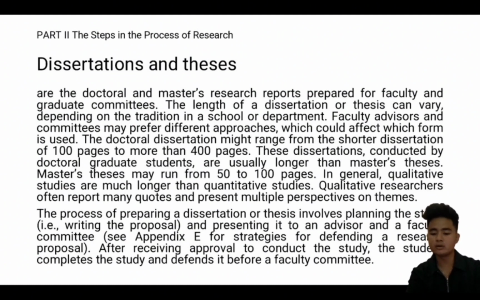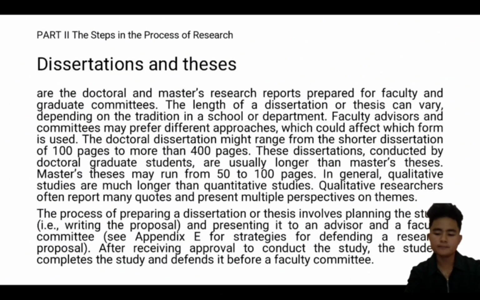They can be quite long, depending on the school rules. A master's thesis is usually around 70 to 100 pages long, while a doctoral dissertation can be anywhere from 100, 200, to over 400 pages long.